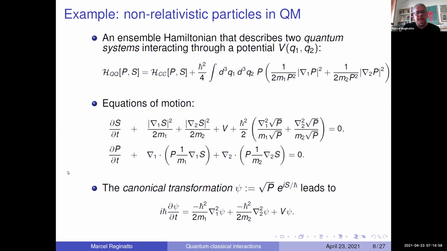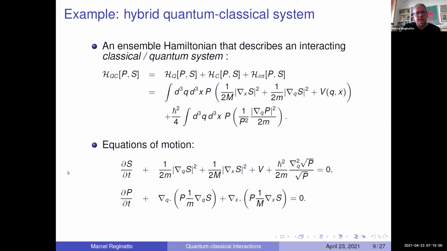The crucial aspect here, oh no, sorry, I'm getting ahead of myself. So how do you define an ensemble Hamiltonian for a mixed theory? Well, you simply sum the two Hamiltonians, the quantum and the classical one, and add an interaction term, which is typically what is done in all of these types of theories.